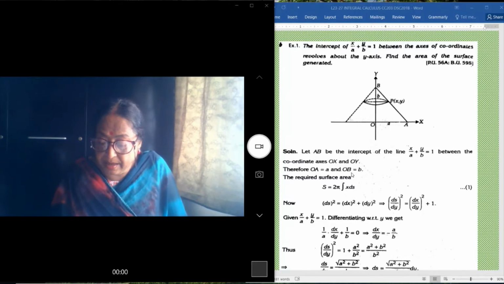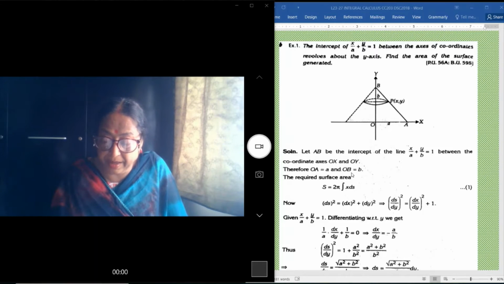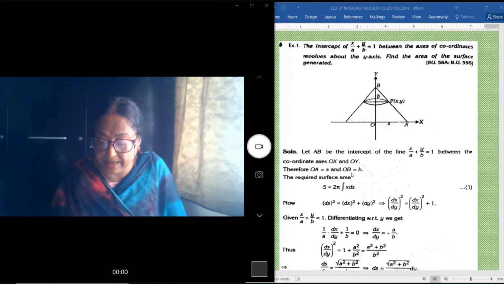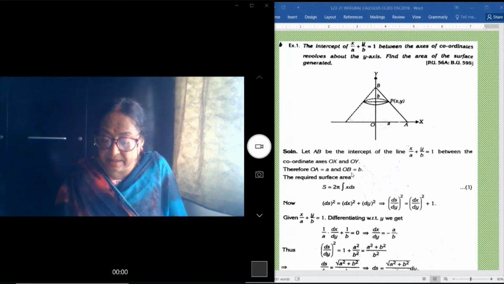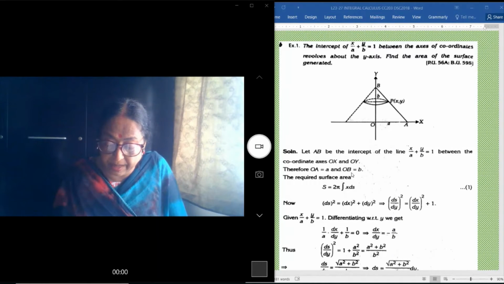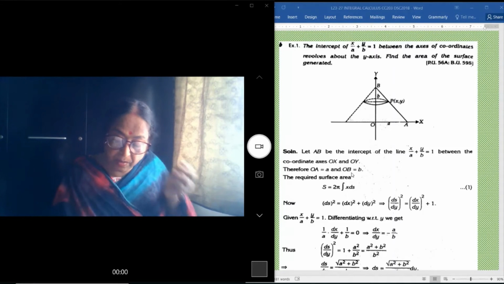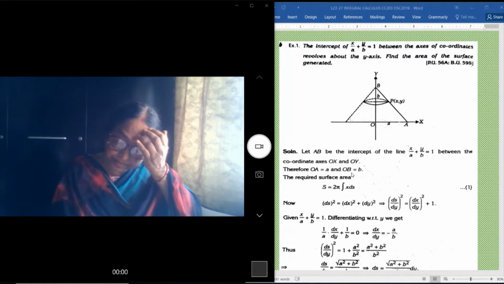So area is equal to, in this case, 2 pi x ds, where ds squared is equal to dx squared plus dy squared, which can be written as (ds by dy) the whole square is equal to (dx by dy) the whole square plus 1.